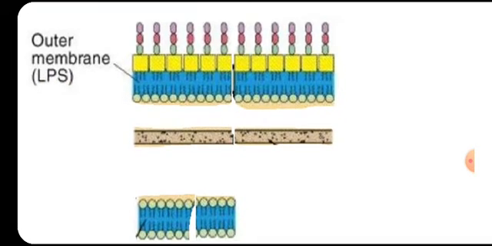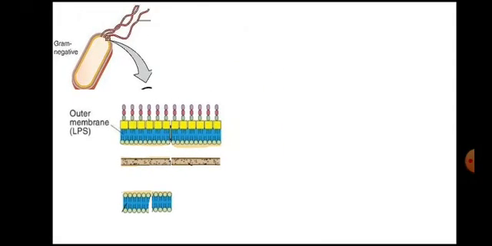So this is the composition of the cell wall in gram negative bacteria: cytoplasm, low concentration of peptidoglycan, and high concentration of phospholipids and lipopolysaccharide. To understand the structure of flagellum in gram negative bacterium, we need to understand the structure of its cell wall, which has a very thin layer of peptidoglycan, a phospholipid bilayer and lipopolysaccharide.